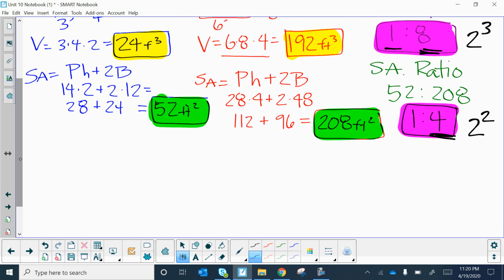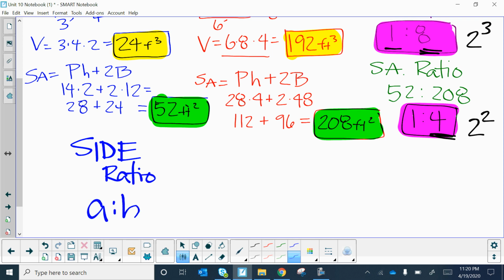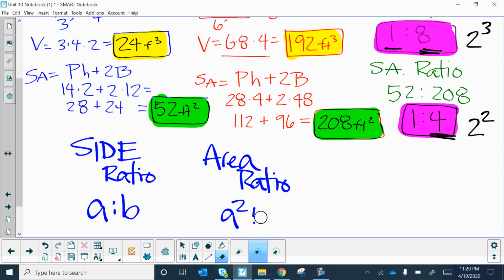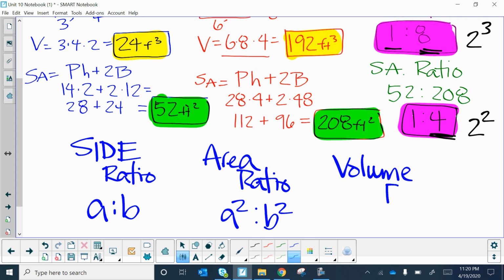And so what I need you to remember here is for the side ratio, if it's A to B, then the area ratio is A squared to B squared, and the volume ratio is A cubed to B cubed, okay?